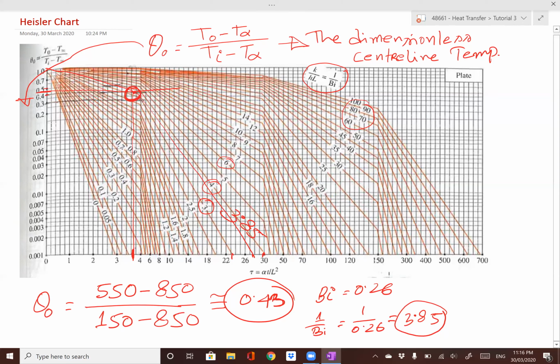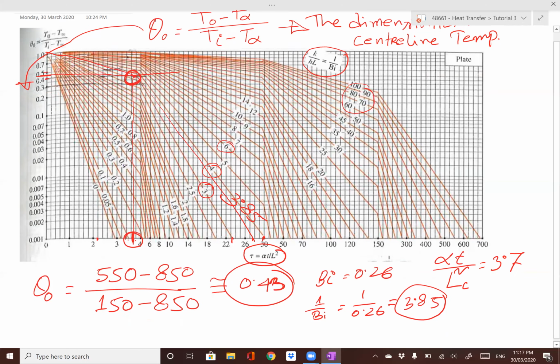So corresponding to our tau value, each point is between 3 to 4. There are 5 portions. That means here will be 3.8 and here will be 3.6. In between these two, we can consider our parameter, alpha t over the characteristic length squared, equal to 3.7 from this Heisler chart.